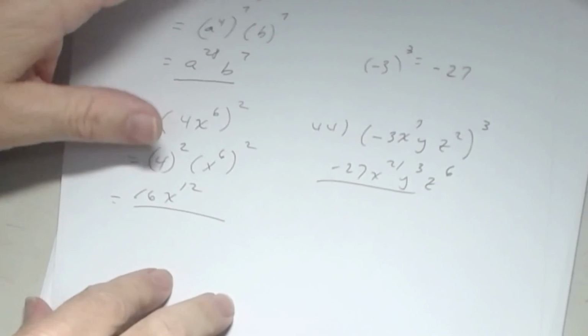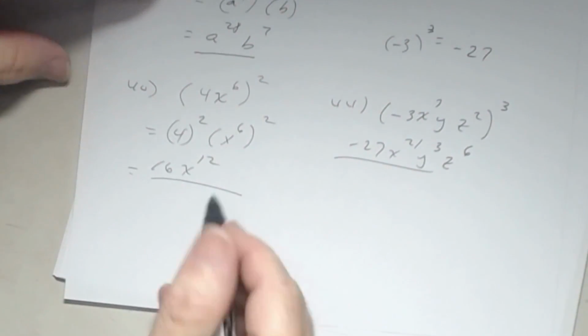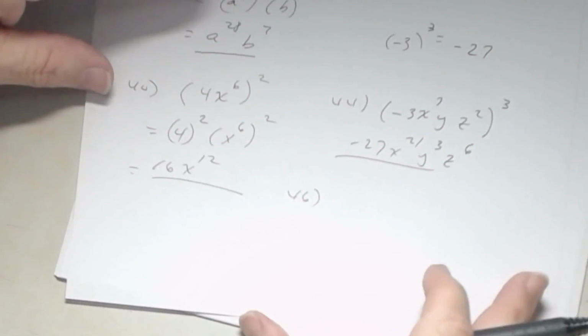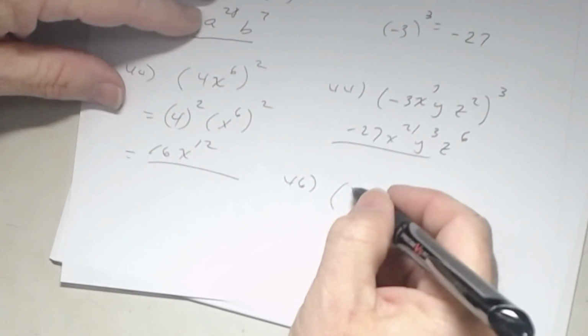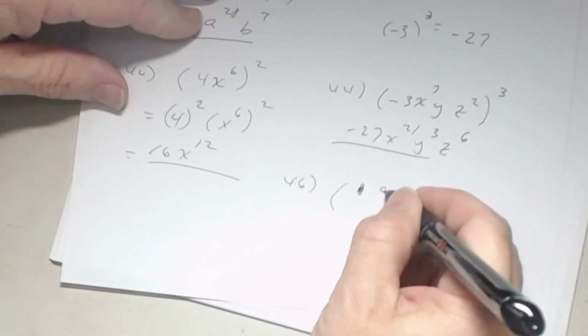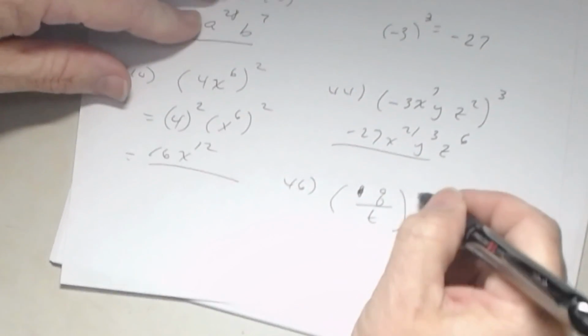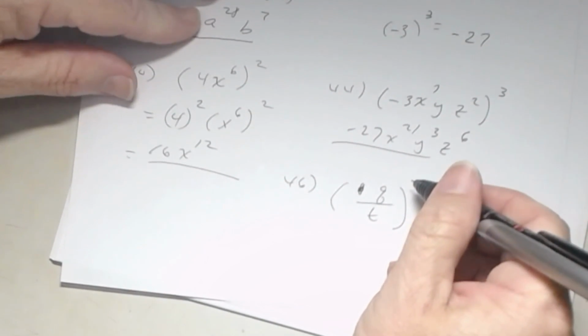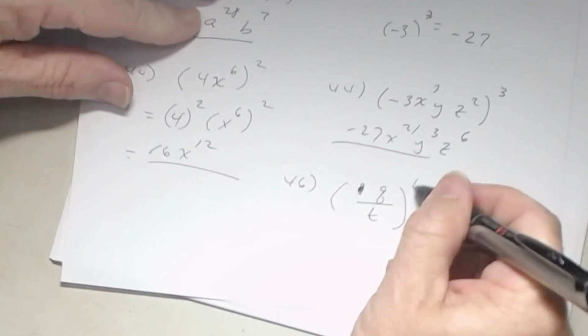All right. Let's look at 46. So in 46, you have a fraction, Q divided by T, and all that's being raised to the 11th power.